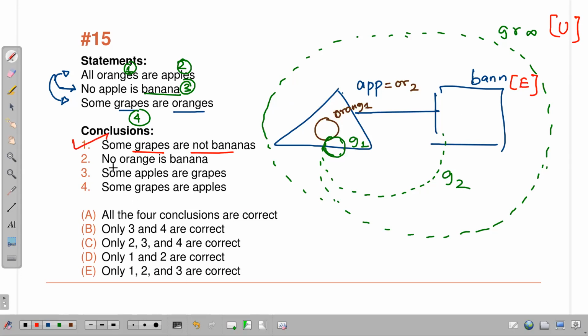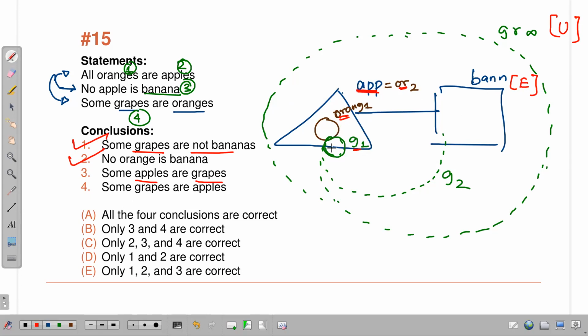So one is true. Now no orange is banana. That is true, because orange can maximum be till apple, and none of the apple is banana. So I think that is also true. I am just checking it from this diagram. Some apples are grapes. So this is my apple and this is my grape.